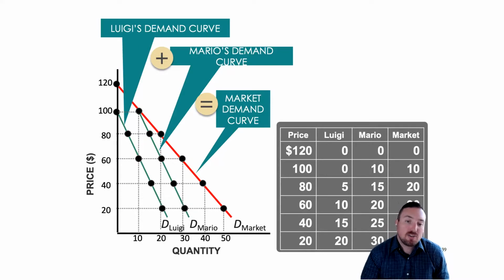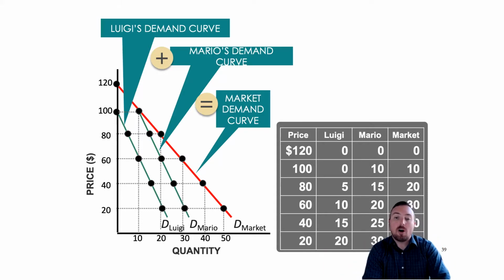At $100, we can see that the demand for Luigi is zero, but Mario demands 10 units. So here, the market demand, Luigi plus Mario, gives you 10 units altogether at $100. At $80, notice, Luigi demands 5 units, Mario demands 15 units. So at $80, our total market demand is 20, Luigi plus Mario.